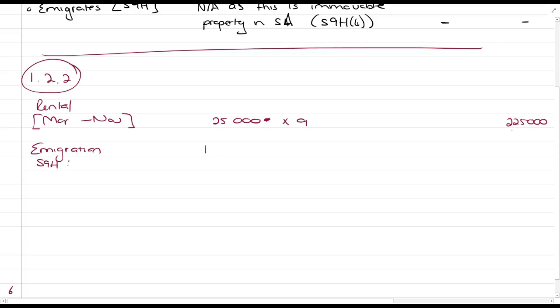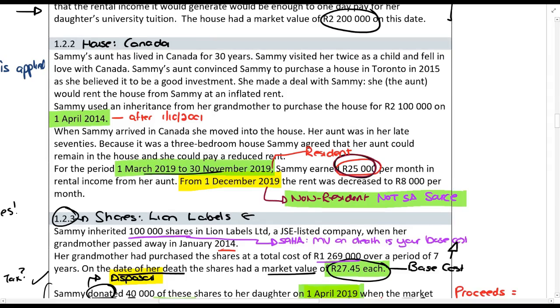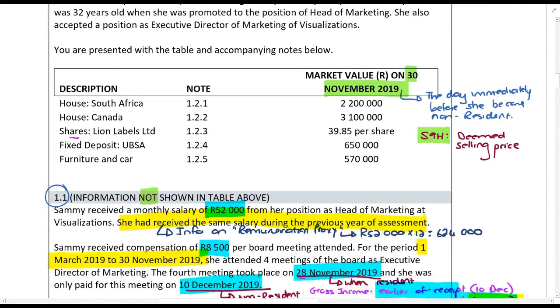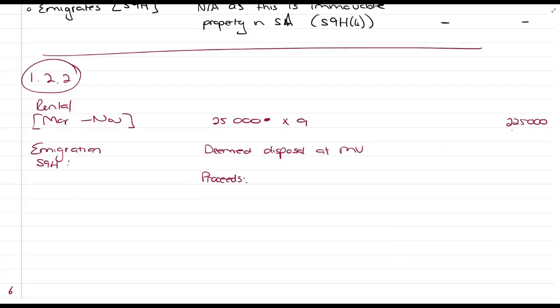So deemed disposal at market value. So let's go. The first thing is the proceeds. Section 9H says it must be market value. What is the market value on the date of immigration? It's given to us in this table as 3.1 million rands. So the proceeds, 3.1 million rands.